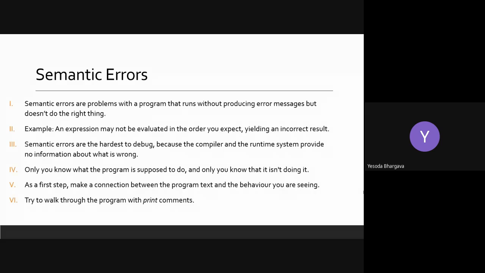You're supposed to do something using an expression, and that expression is computing some value, but that value is not what is expected. So in that situation, it really boils down to what your program is really doing. And semantic errors are very hard to debug because the compiler and runtime system are not providing any information about what is wrong.